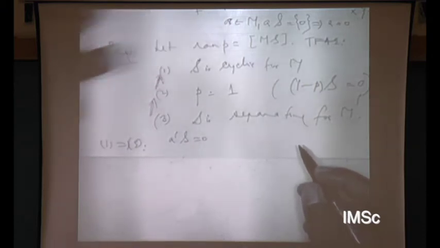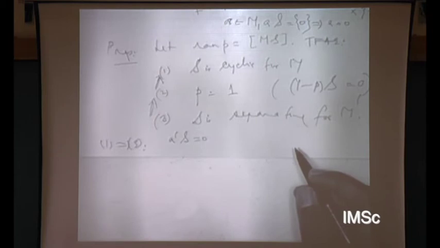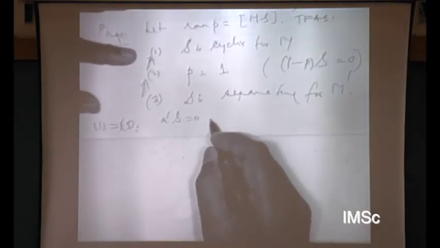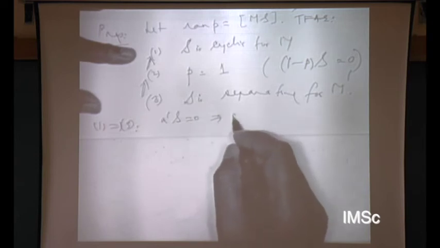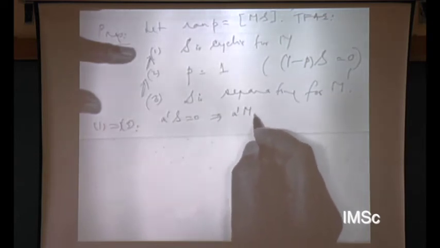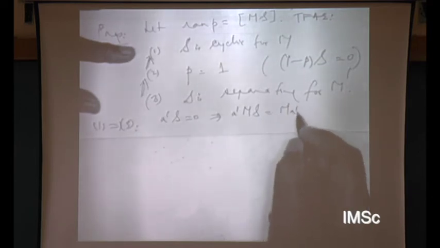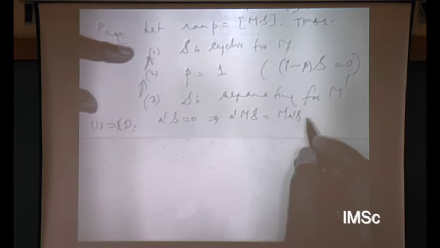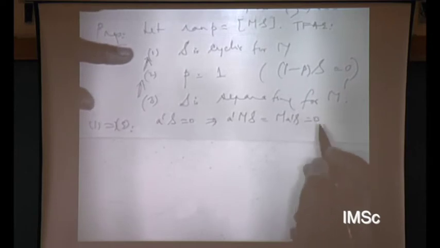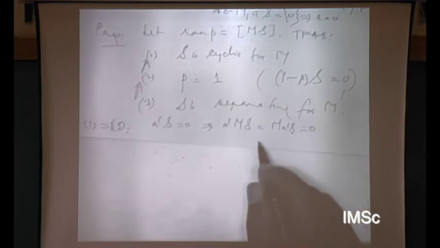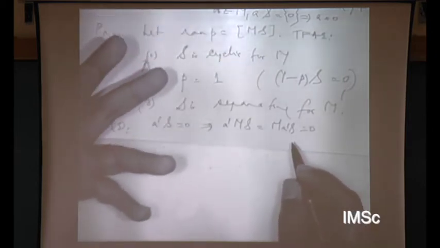I am assuming that S is cyclic for M. But that certainly means that A prime MS is 0. Consequently, if MS is dense in H, then A prime must be 0.